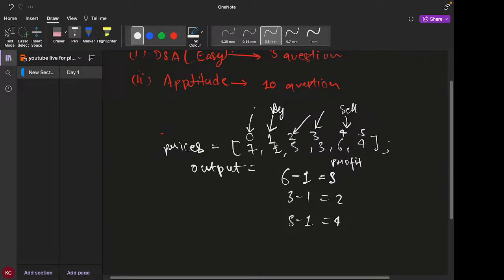I am making so many mistakes. Then the maximum profit that I can earn is when I buy on the first day. Let me choose the color.